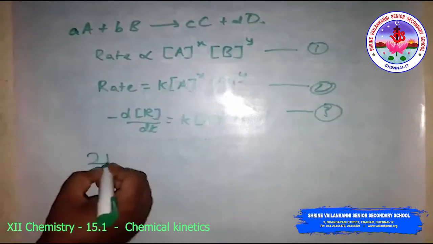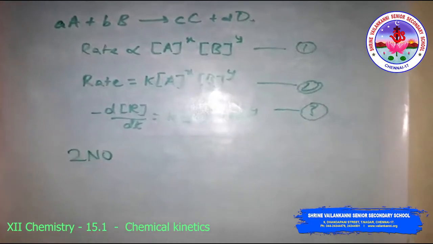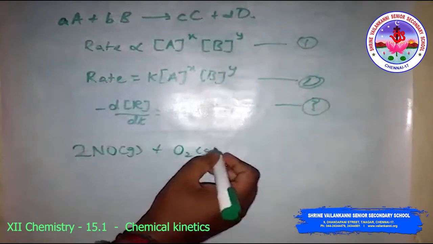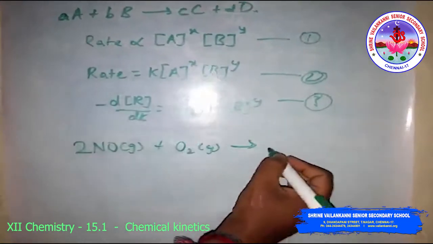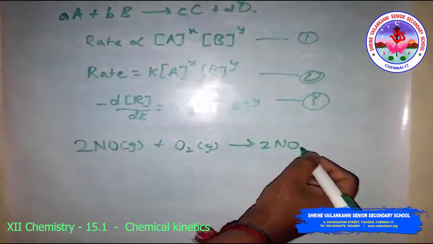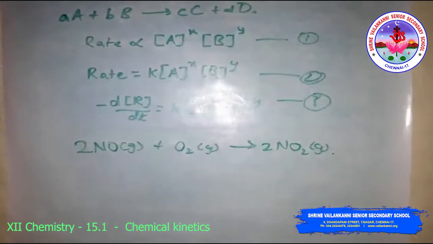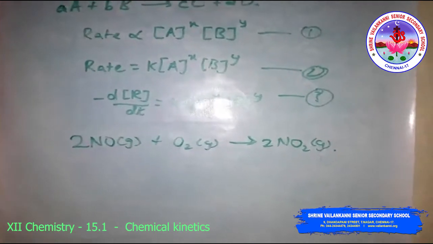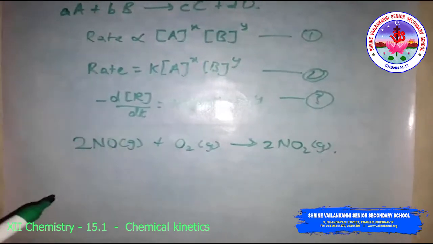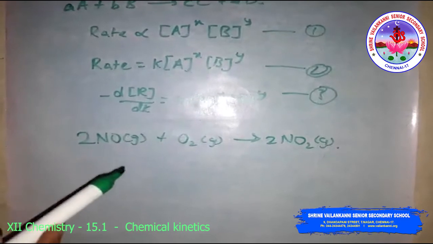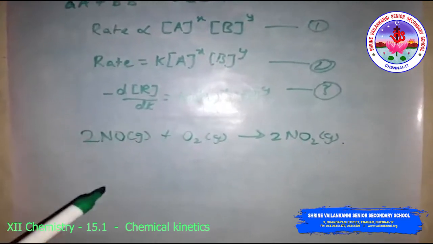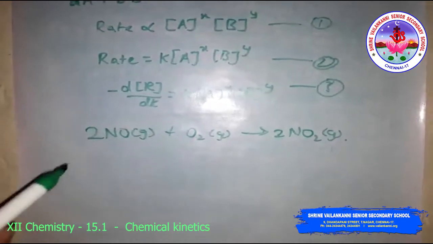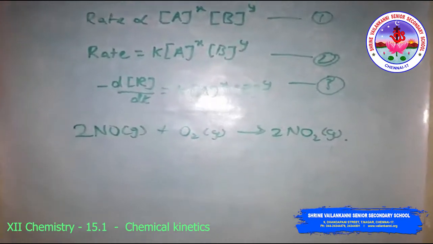For example, 2 moles of nitrogen monoxide gas react with 1 mole of oxygen gas to produce 2 moles of nitrogen dioxide gas. We can measure the rate of the reaction as a function of the initial concentration, either by keeping the concentration of one of the reactants constant and changing the concentration of the other reactant, or by changing the concentration of both reactants.